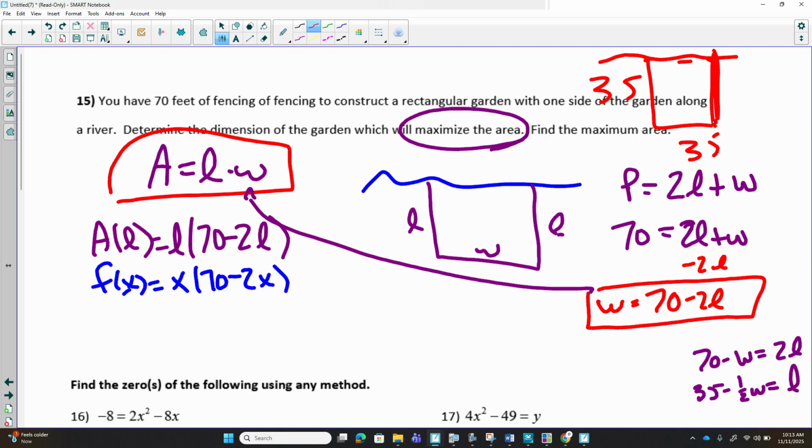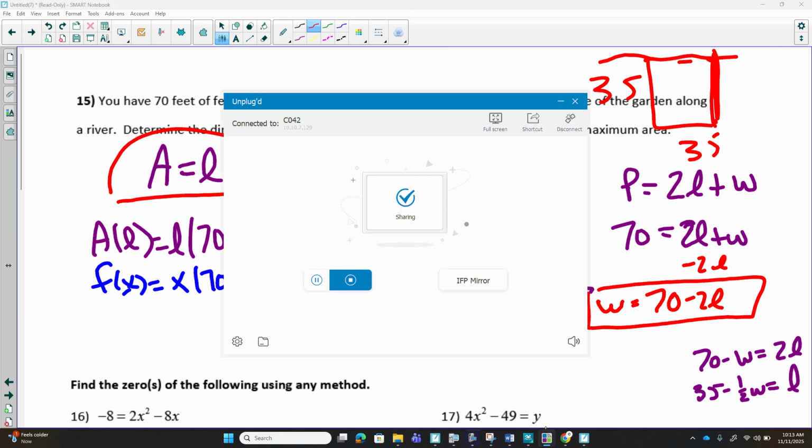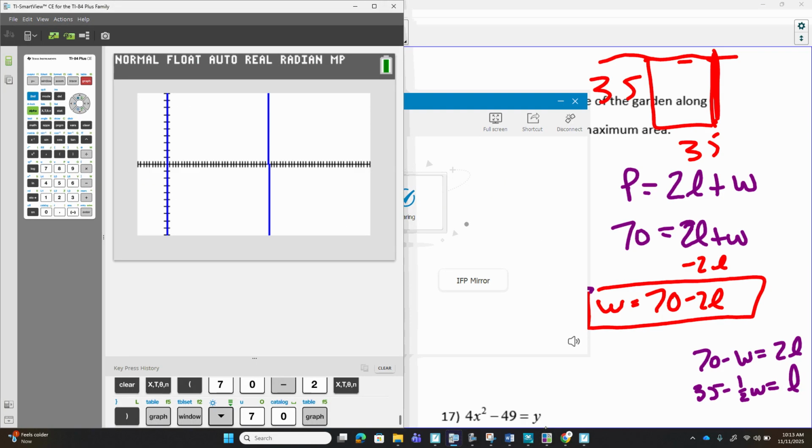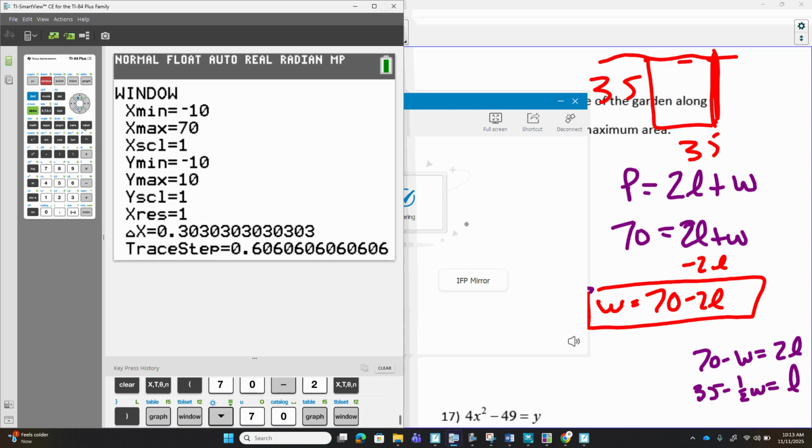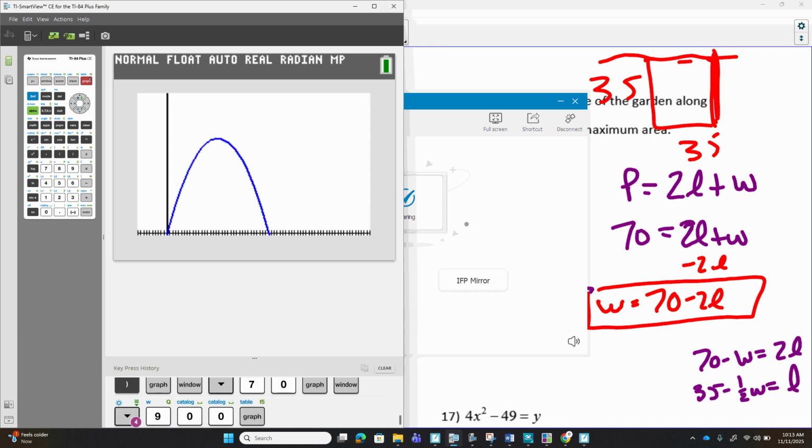But I don't know what 35 squared is. But I do know what 30 squared is. So if I go in there and make that window maybe 900 on my max, on my Y's, it can't be larger than that. Well, it could be, but not really. All right, so there's my picture.